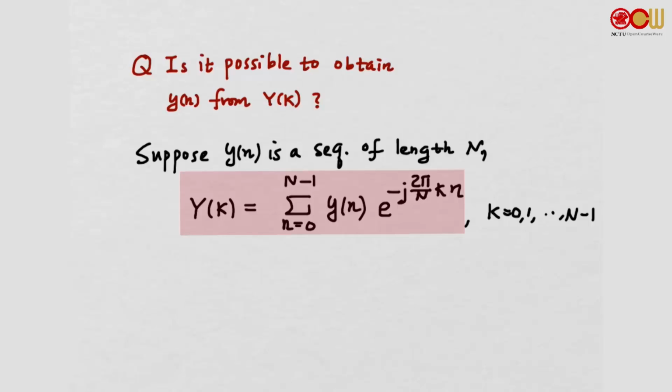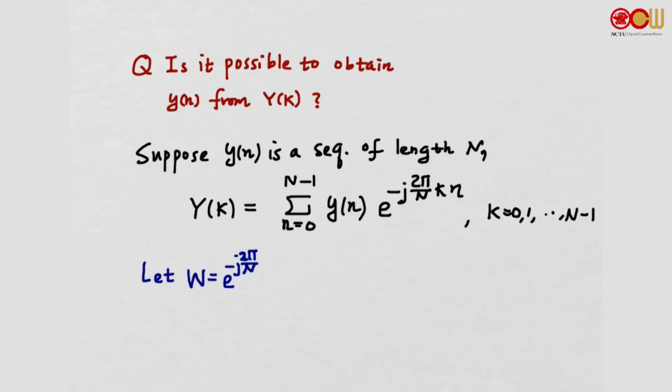When we write down these N equations, this exponential term is a little bit cumbersome, so let's simplify the notation by defining a new notation called W. This W is equal to e^(-j2π/N). We let W be this quantity. This is simply a scalar with a unit absolute value.